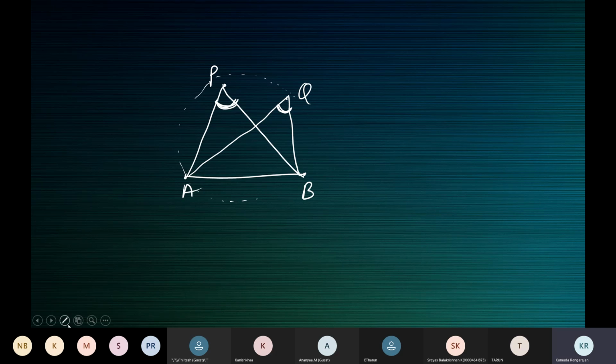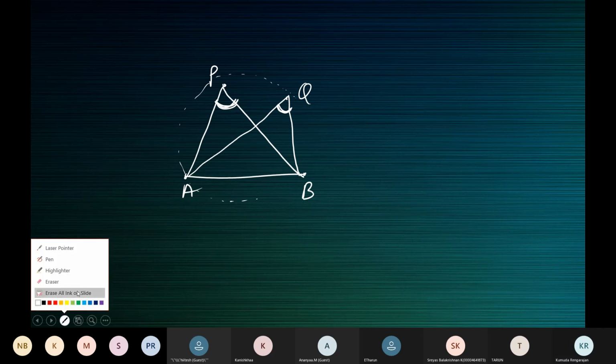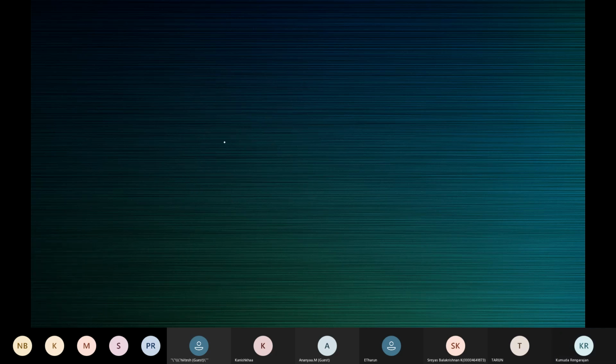I'll tell you again. Line segment. The 2 endpoints are A and B. Same side, so it should be above the line segment or below the line segment. So let's say above the line segment.